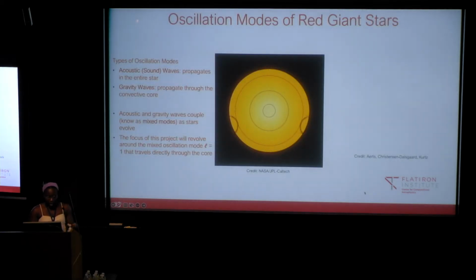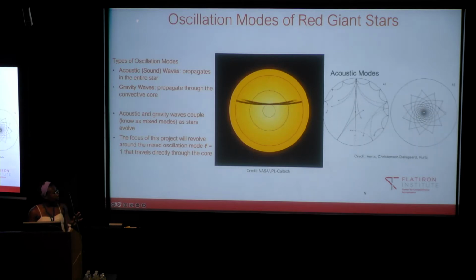Here we are looking to classify these stars based on their oscillation patterns. But what exactly is an oscillation pattern? I just spoke about the stars having convective interiors, and this creates turbulent environments, inducing both acoustic and gravity waves in the star. These waves are shown traveling through the star in both images.